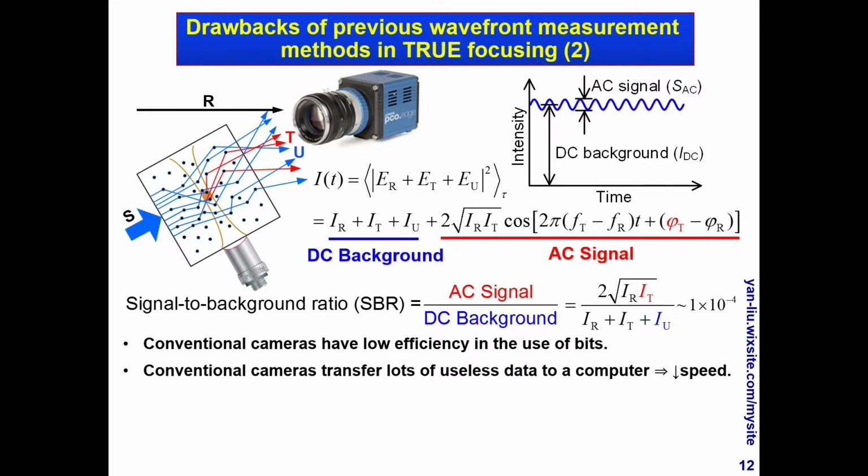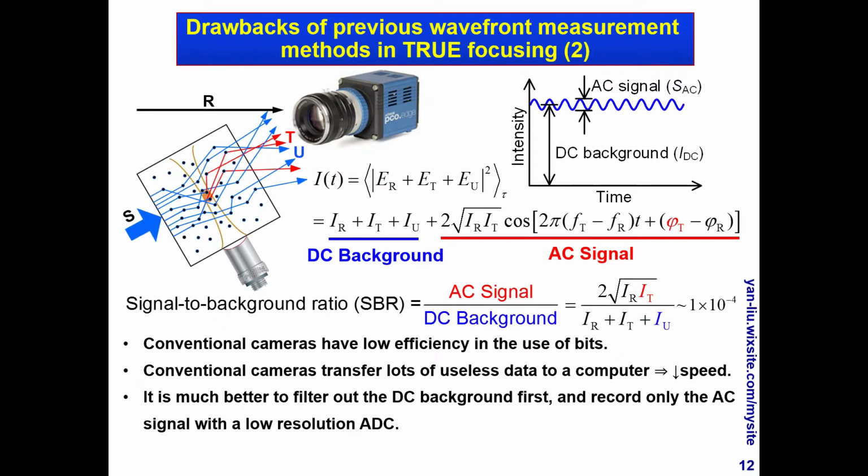It actually transfers lots of useless data corresponding to the DC background. This can reduce the data transfer speed. It is much better to filter out the DC background first and record only the AC signal with a low-resolution analog to digital converter. This can increase the bit efficiency, eliminate the need for a costly high-resolution analog to digital converter, reduce the data transfer load, and increase the data transfer speed.